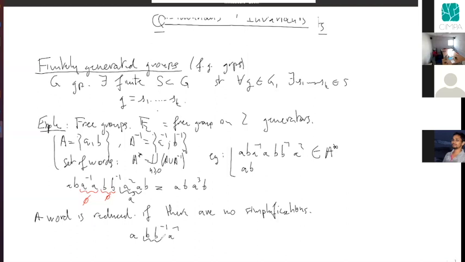So first, you can simplify B inverse, and you get A inverse, and this is the empty word. So in some sense, the inverse of AB is B inverse, A inverse. Because what you do is you switch the letters when you pass to inverses, you change the order. Is it okay?